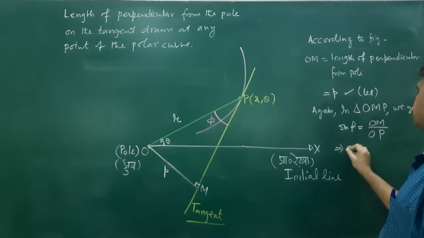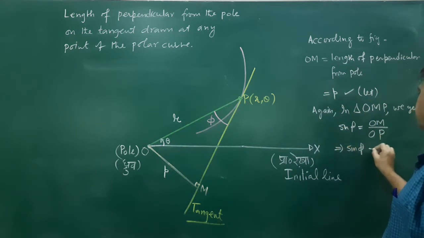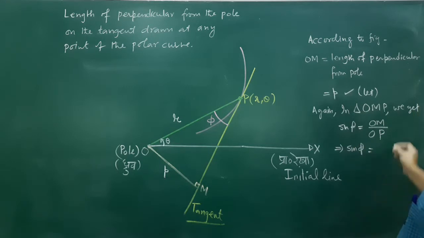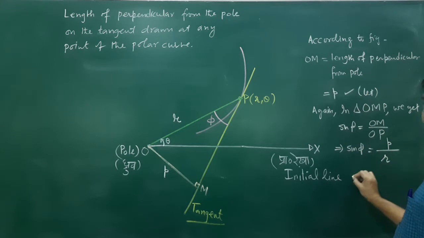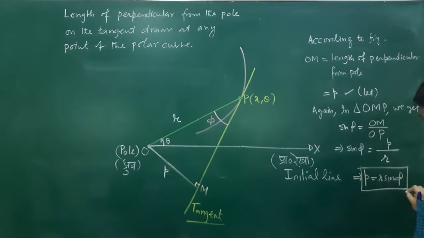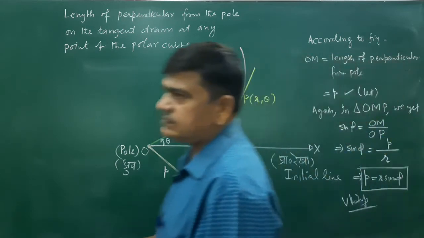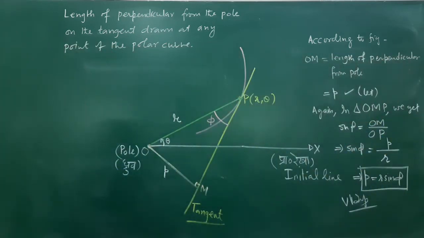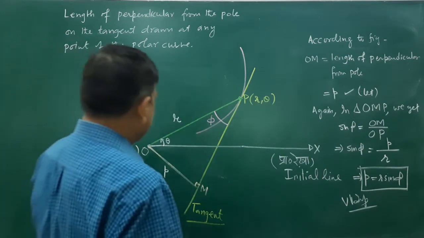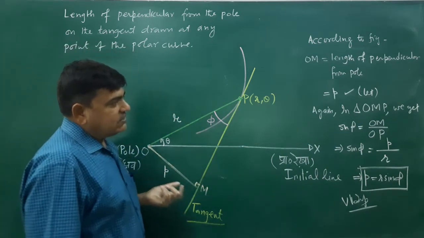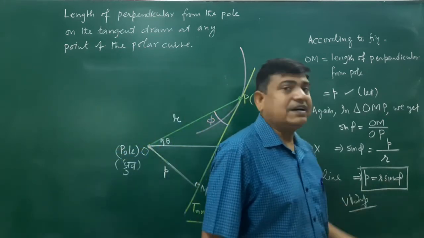This is sin phi equals OM is small p, this is r, so this is p equals r sin phi. Very, very important result. Okay. So this length of perpendicular is given by p equals r sin phi.